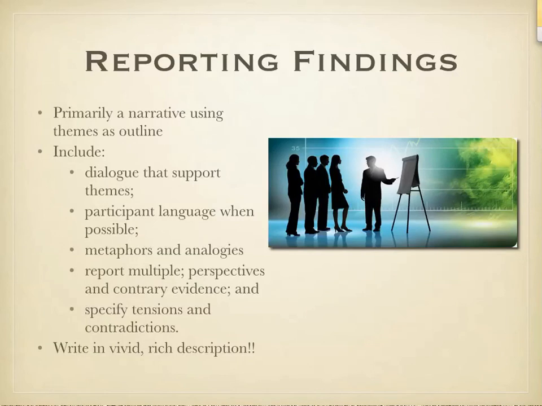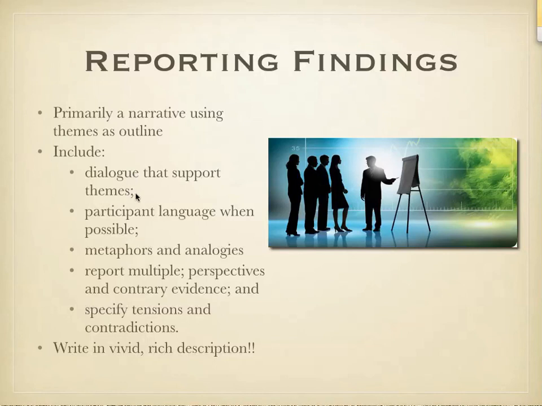Okay, then once you've done that, and you've already read a number of qualitative research articles, you have an idea about how the findings are to be reported. You write in the findings section that you found 3 themes, 4 themes, 5 themes. Each one of those themes then becomes a heading for that part of the chapter.